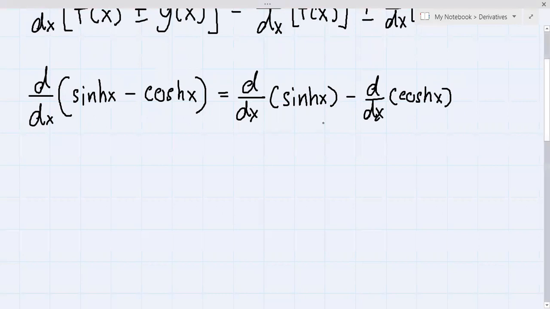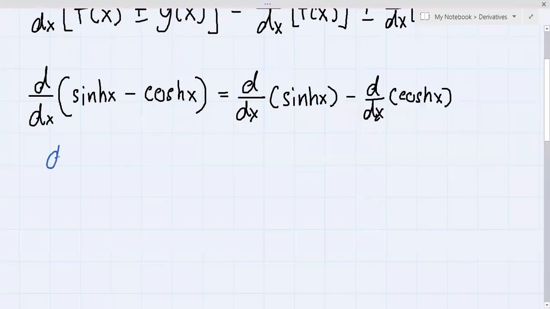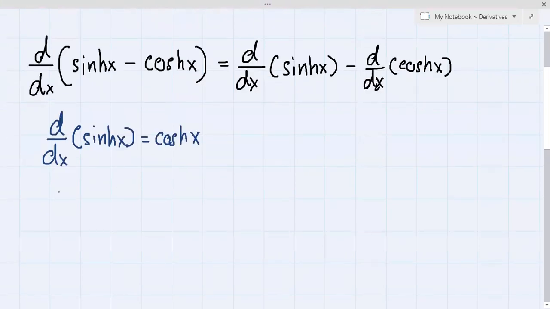Okay. So now that we already kumbaga transform natin ito into this expression, now what would be the derivative for sine hx and cosine hx respectively? So if you're going to recall last time that ang derivative ng sine hx or hyperbolic sine x is hyperbolic cosine or cosine hx.